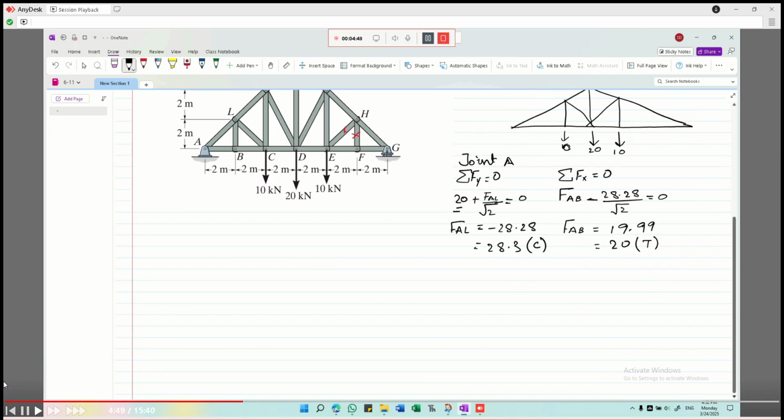Next we can move on to joint C and we will find force CK.